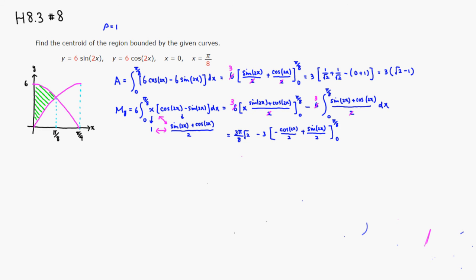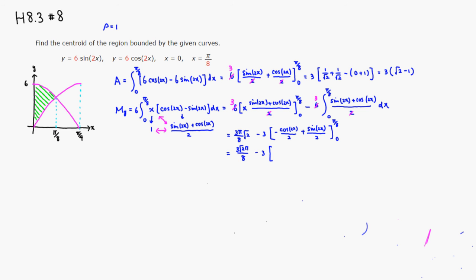Then we're going to try to simplify. If you plug in pi over 8, you have 3 square root of 2 pi over 8, minus 3.